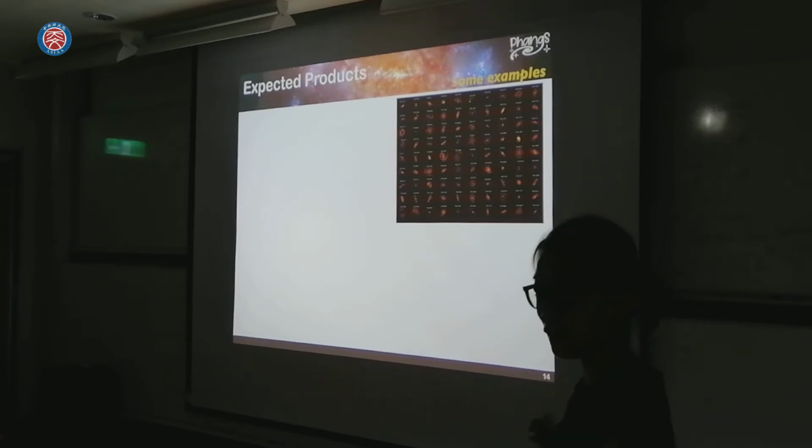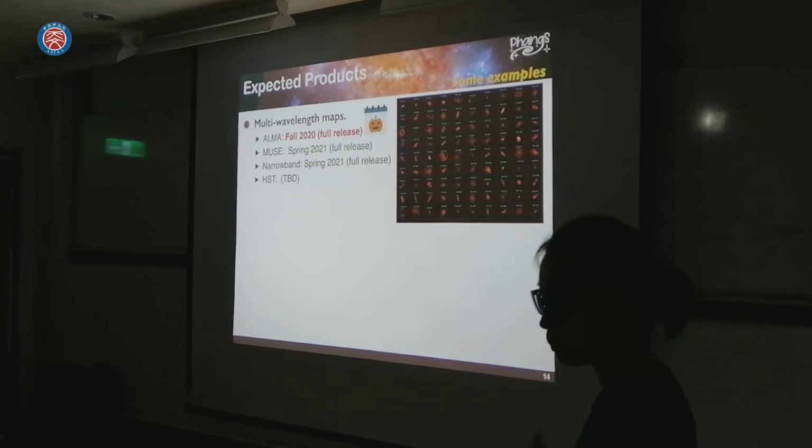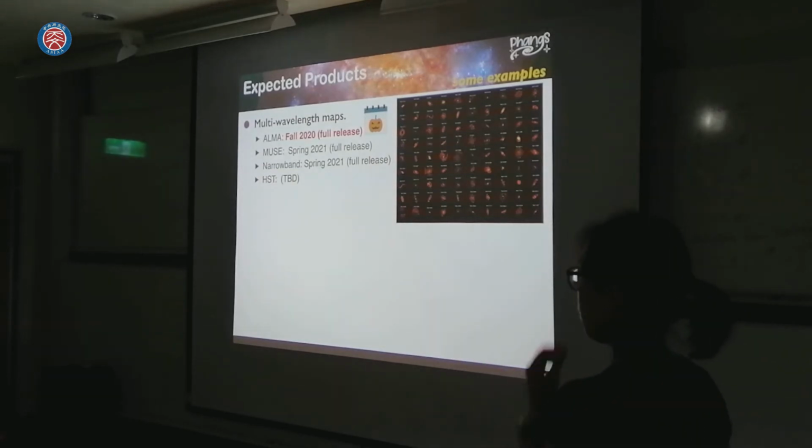So that's the most important slide in this talk. That's the data product we are going to release in the near future. First of all, we will release the multi-wavelength images and the ALMA maps, including the data cube, moment 0, 1, 2, and their error maps, in the fall of this year, very likely around Halloween, so that's 10 days from now.